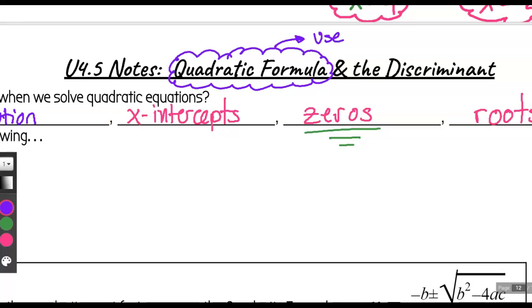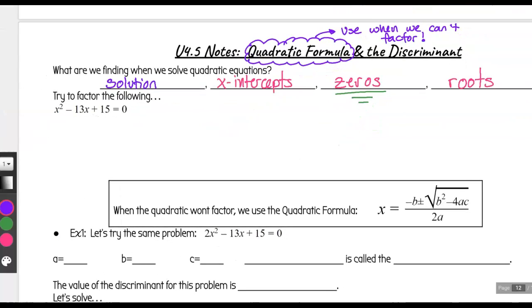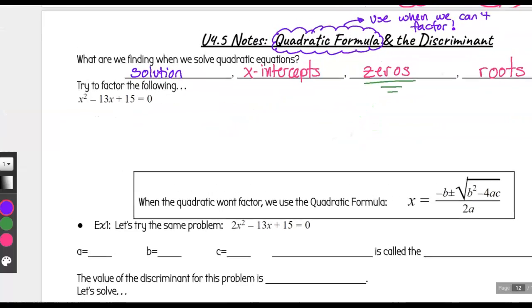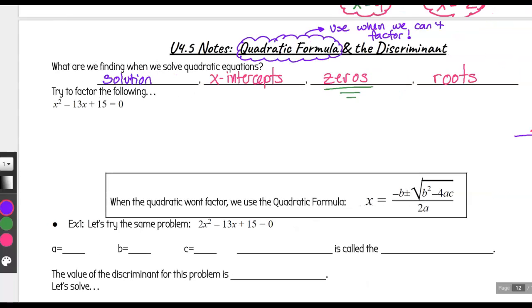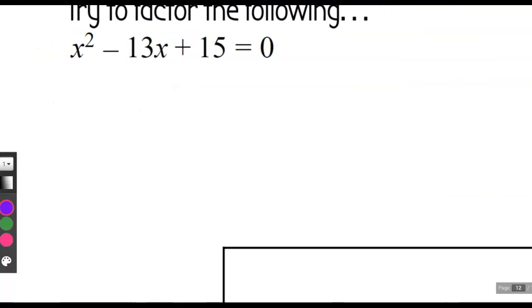We use this when we can't factor. So, let's try to factor this. Up top goes what?